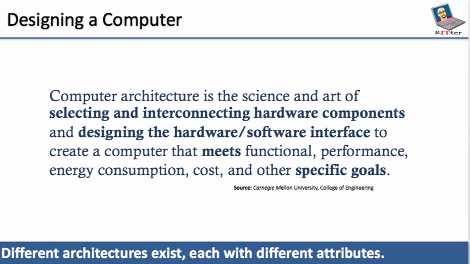We're not talking about building buildings. We're talking about the way the different components selected for that computer system work, the way they connect, the way they interface with the software to meet whatever the functional needs are for that particular computing device. And there are all sorts of considerations, from how much energy it uses to what it costs, in determining the best architecture for a particular computing device.